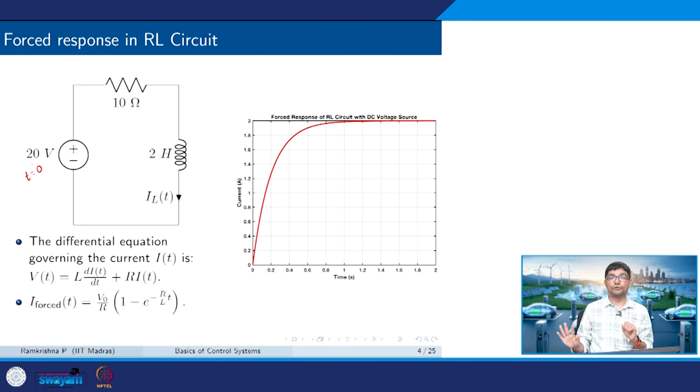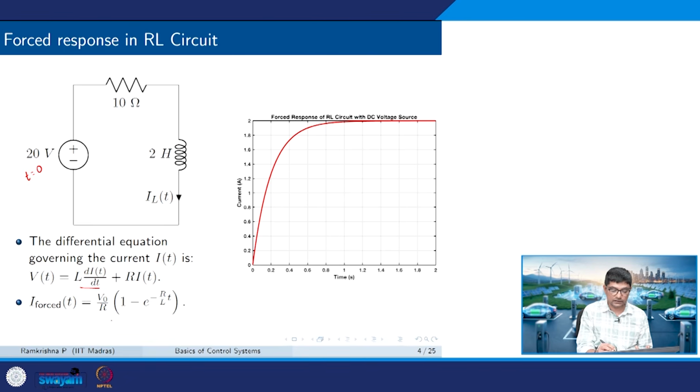A bulb is a little different. I switch on a bulb, it just glows at full brightness because it is just a resistive circuit, of the form V equal to IR. Now, I have V equal to IR plus L di by dt. There is a differential term involved here.